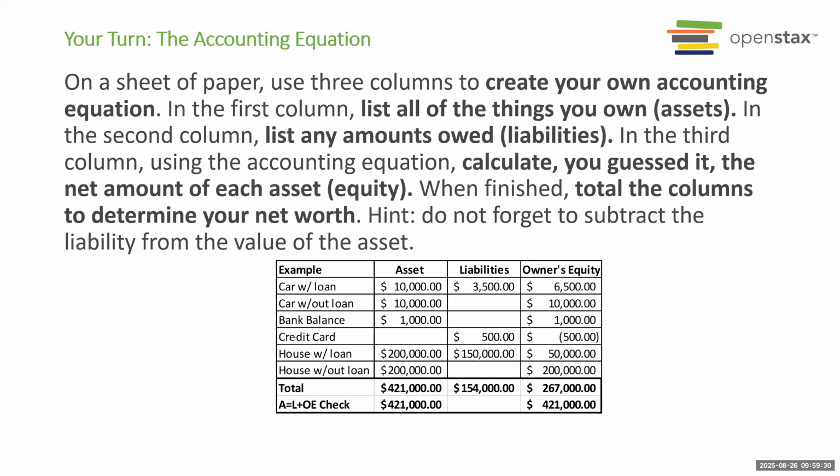For the assets, we have $421,000. For liabilities, we have $154,000. And for owner's equity, we have $267,000. So the assets are $421,000, and when you add up the liabilities and owner's equity, that is $421,000 as well. So our formula works.